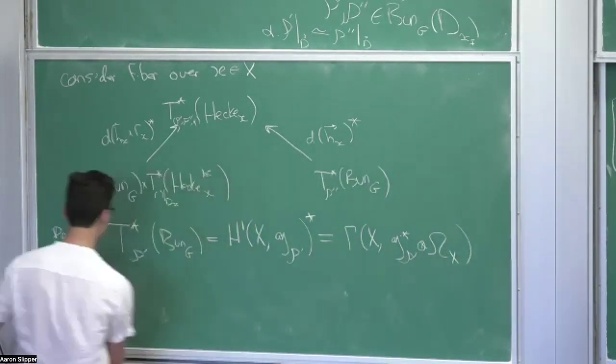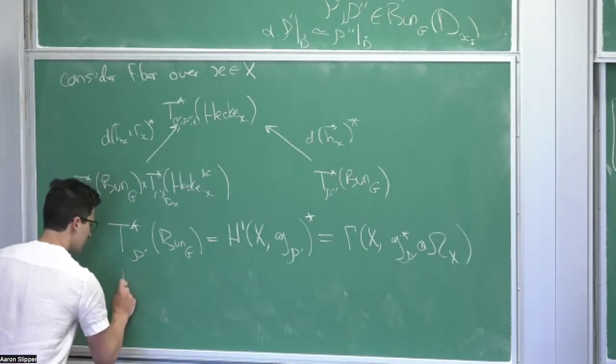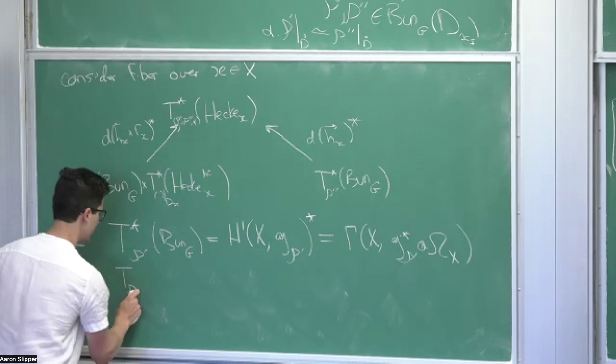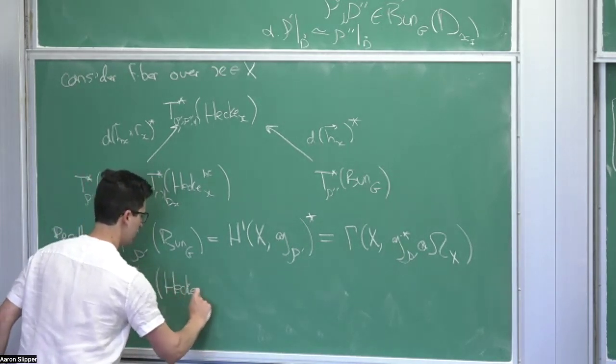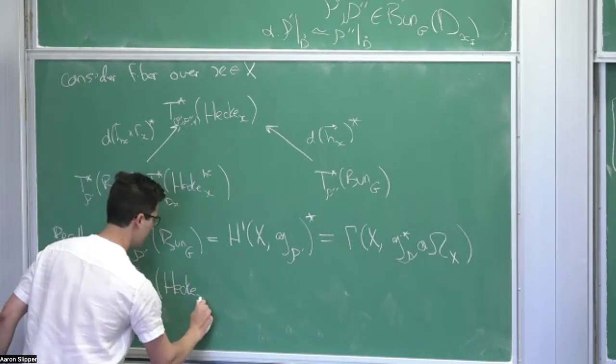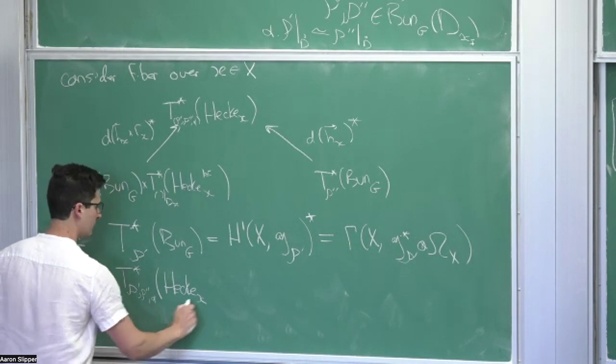And with not much more work we can actually compute the cotangent space of both Hecke stacks. So Hecke X. What is this?